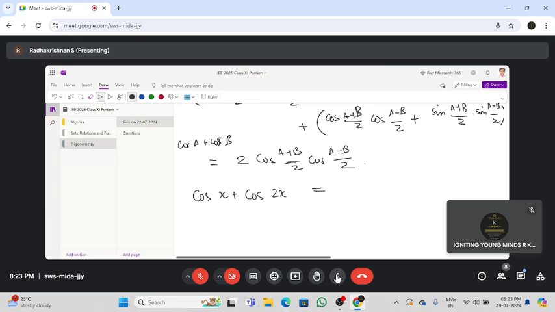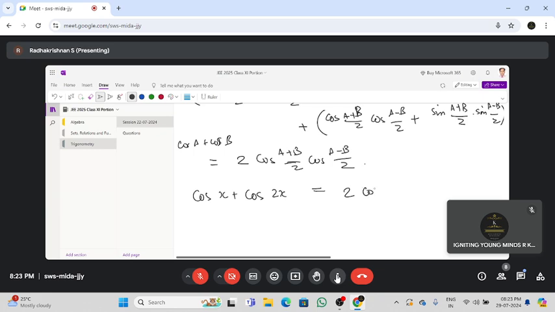So cos x plus cos 2x equals what, using this formula? Two cos 3x by 2 cos negative x by 2. You could simply put A equal to x and B equal to 2x.